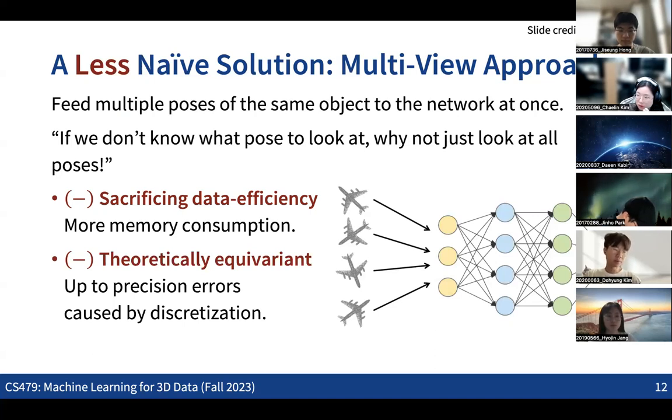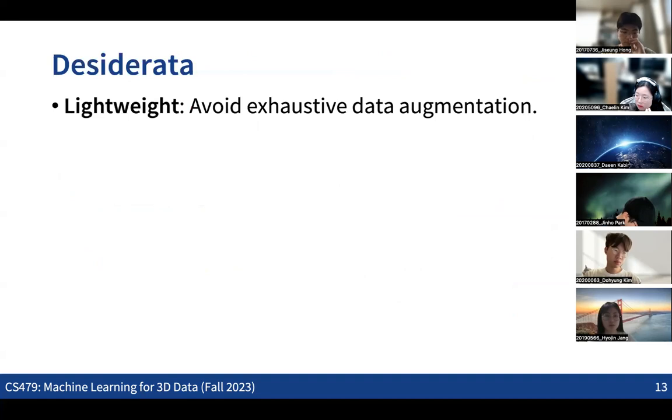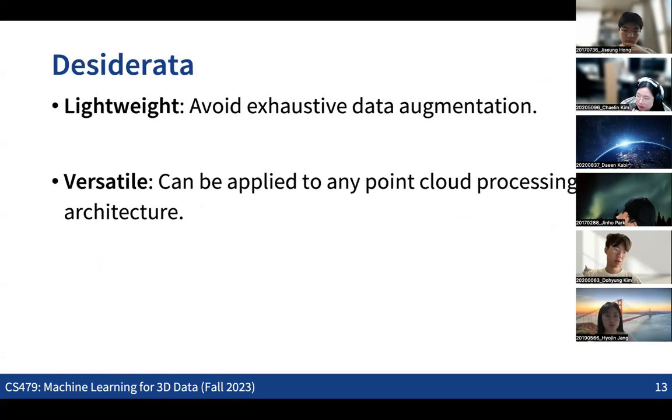But compared to this, we want to make a better architecture, which is lightweight in that we avoid data augmentation. We also want an architecture that can be applied to any point cloud processing architecture, basically any variant of PointNet, without making a specialized architecture to achieve these properties.